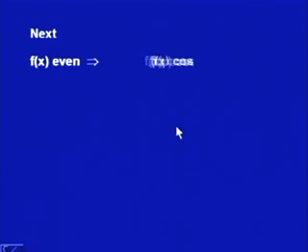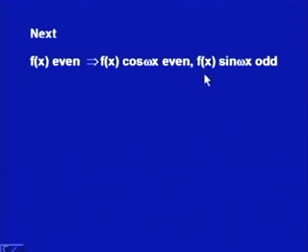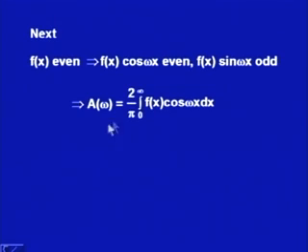Now, if the function is even, f(x) cos ωx would be even, because the product of an even function with an even function gives an even function, and the product of an even function with an odd function, sin ωx, is odd. So f(x) sin ωx would be odd. That says, when we calculate A(ω) and B(ω), for A(ω) the function is even, so it would be 2 times ∫ from 0 to ∞ of f(x) cos ωx dx.